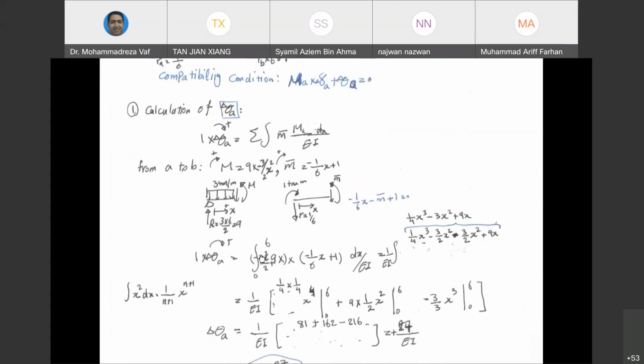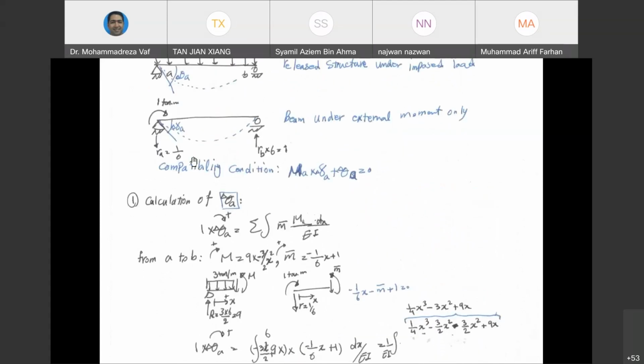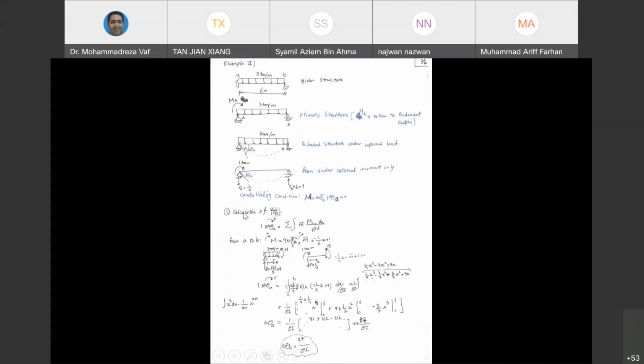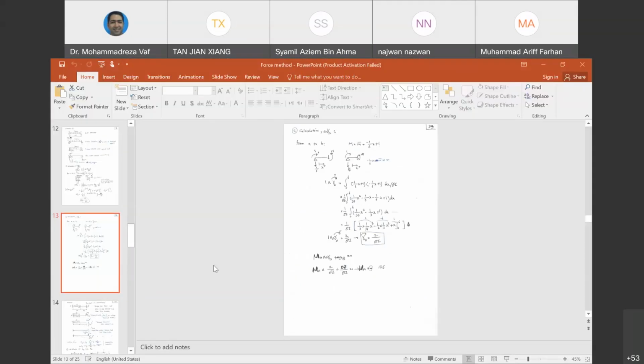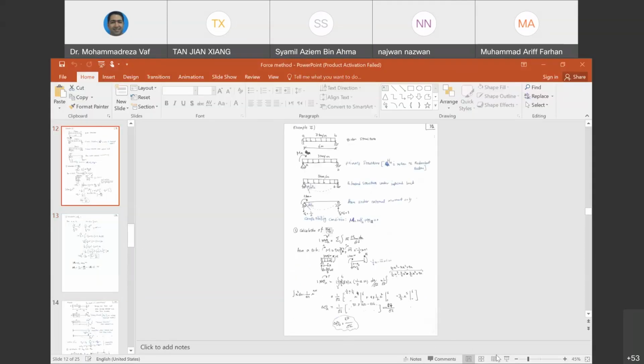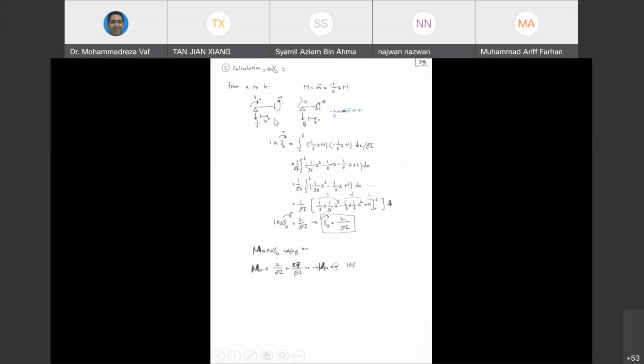So the moment that you got the delta theta A, the second step is to go and calculate gamma A. In order to calculate gamma A, again, you need to have two structures. One structure is under the unit load that it has there. And the second structure is to remove that unit load and apply another unit load.